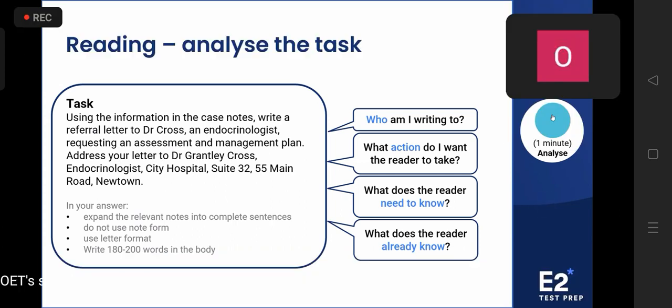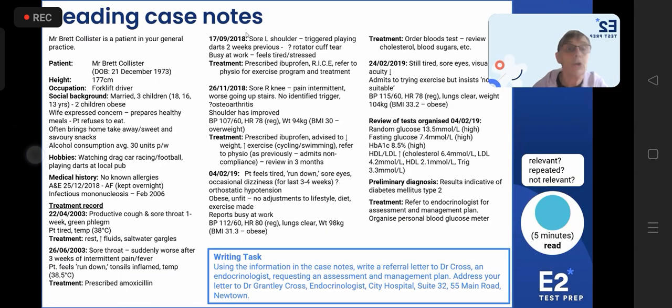Okay, now, a minute. I've got the chat box open. Come on, clock. Oh, yes, it started. Of case notes here. Wow. Yeah, it's a long treatment record. So there's a lot to filter out. What's going on with this patient? Why are we writing to this endocrinologist? Here is our treatment.